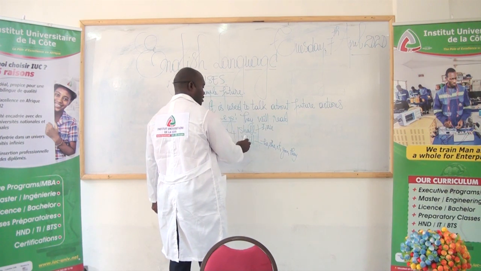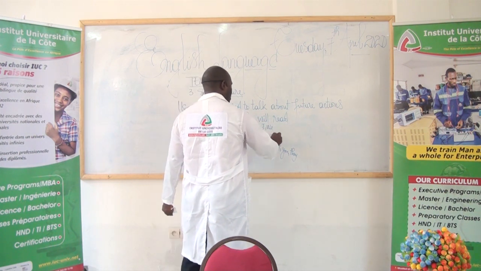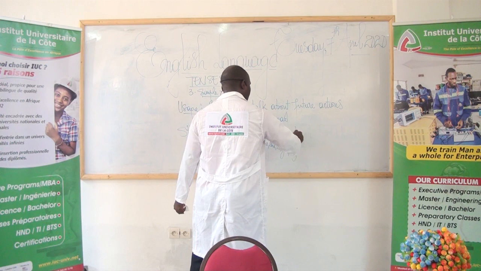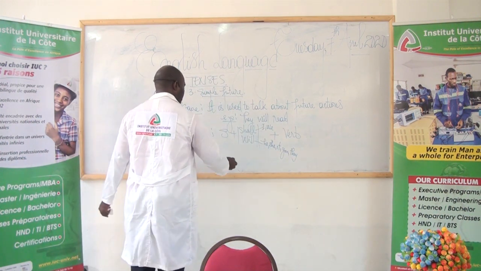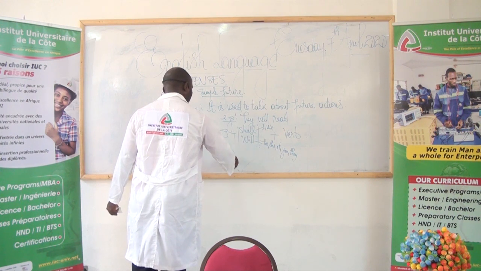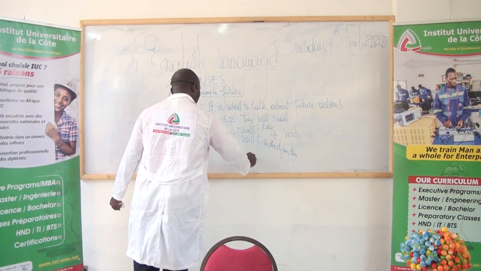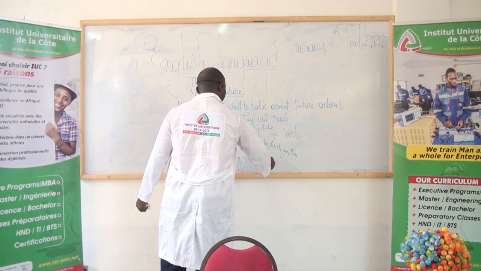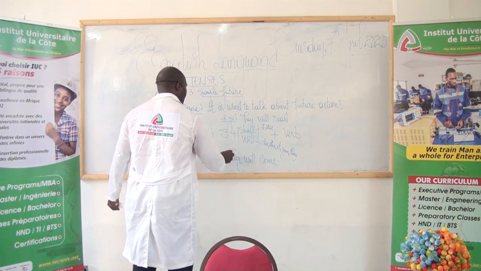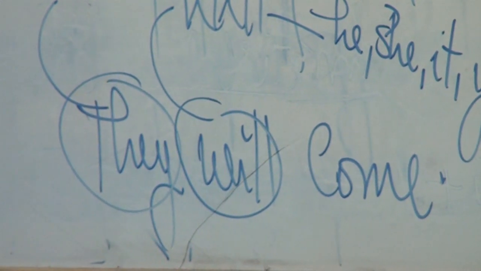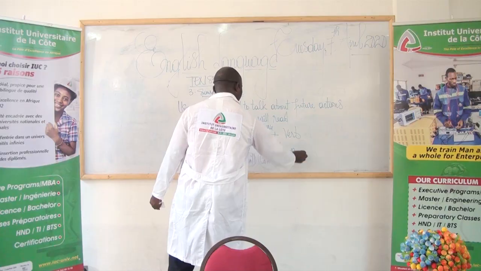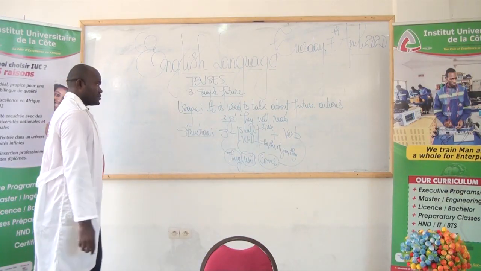Subject plus shall and will plus the verb. Example, we can say they will come. They represent the subject, will the auxiliary, and come represent the verb.